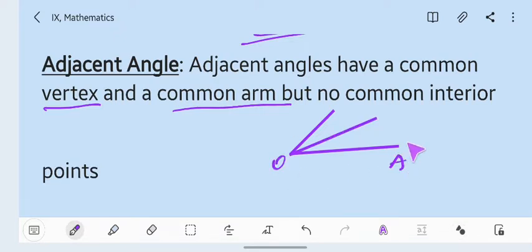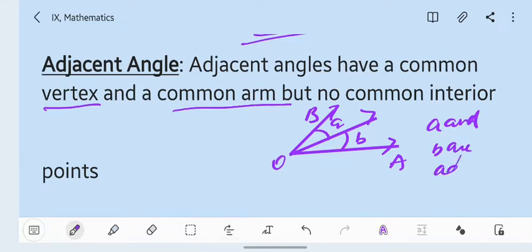Suppose this is O, and this is A and this is B. So A and B are adjacent, where they have a common vertex, which is O, a common arm which is OM, say, and the non-common arms are on either side of this common arm, that is OA and OB. I hope this is clear to you all.